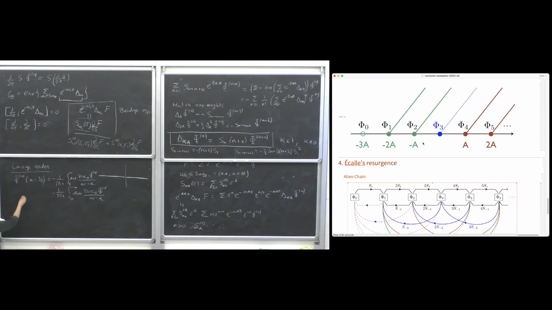What you do, you expand this for x small. You expand 1 over w minus x for x small. And you use the discontinuities, which yes, I've deleted already, but we wrote the discontinuities at 0 and at pi as a sum over phi n plus k or phi n minus k.